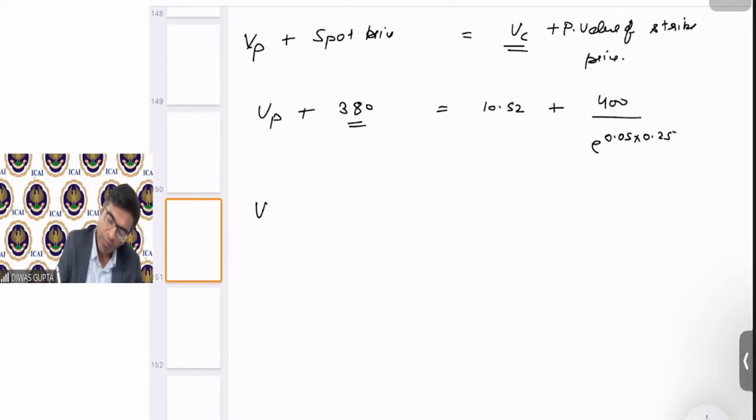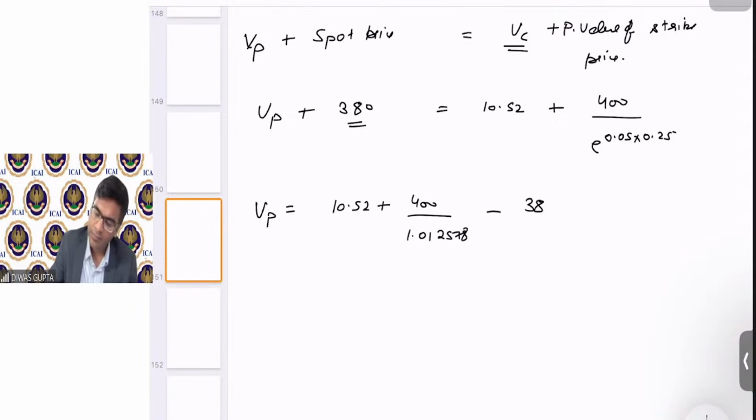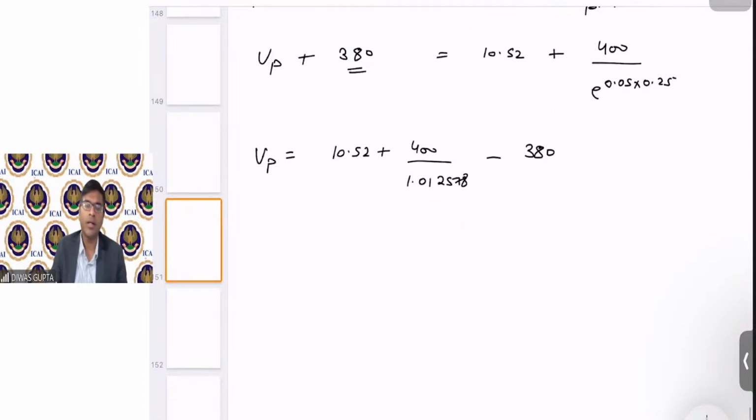So the value of put becomes 10.52 plus 400 divided by 1.012578 minus 380. Correct, students? So the value of put becomes 25 point, sorry.